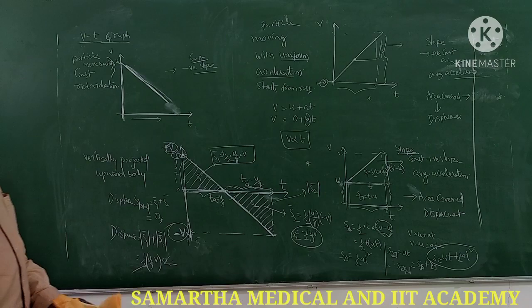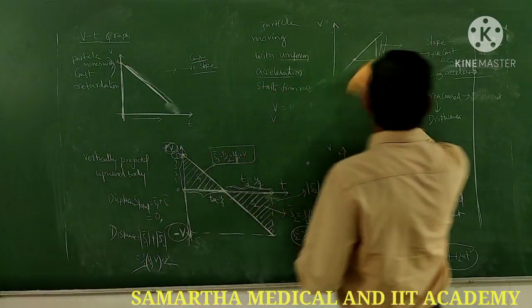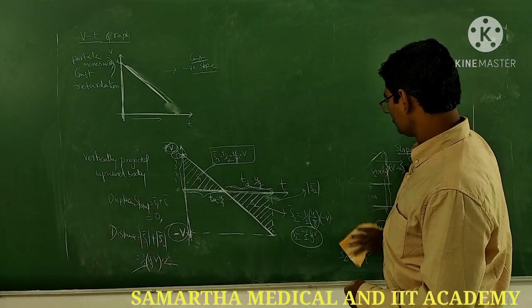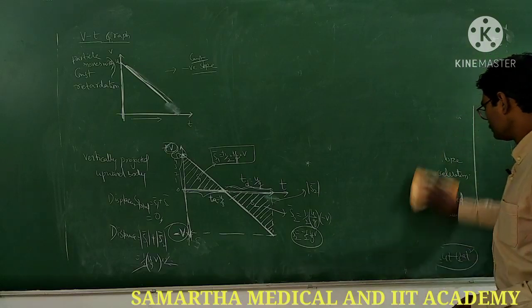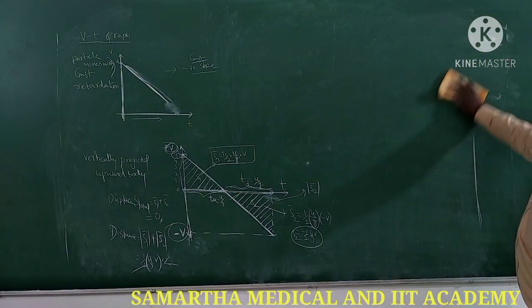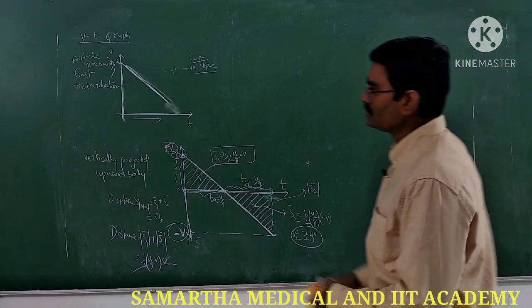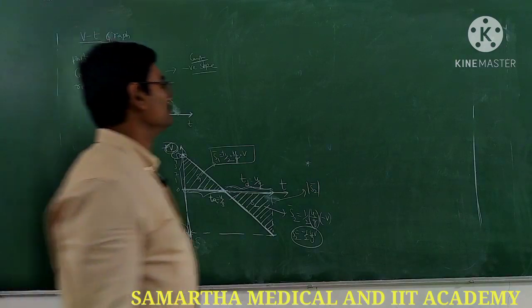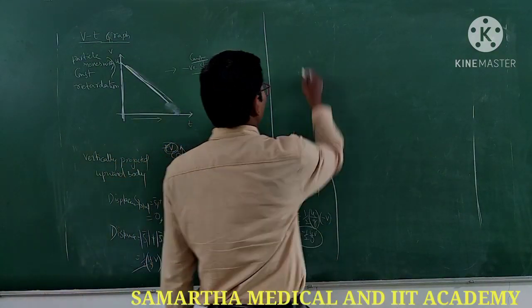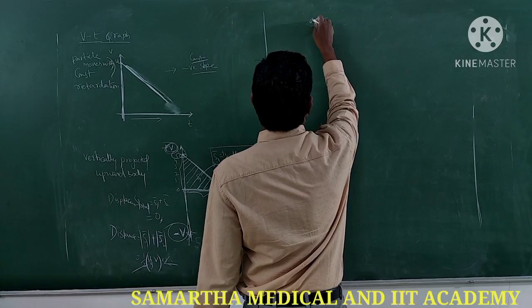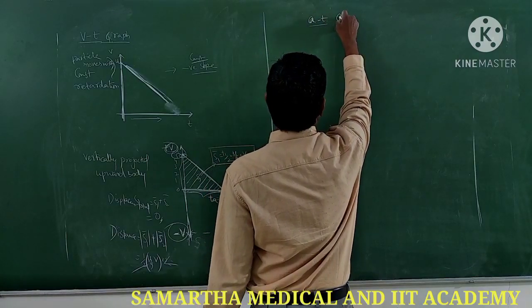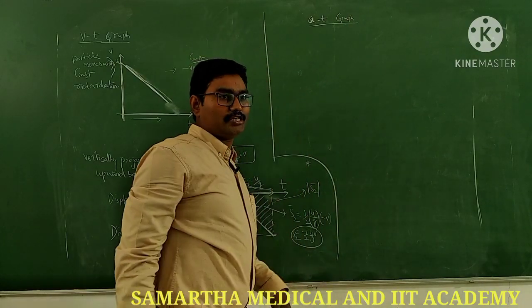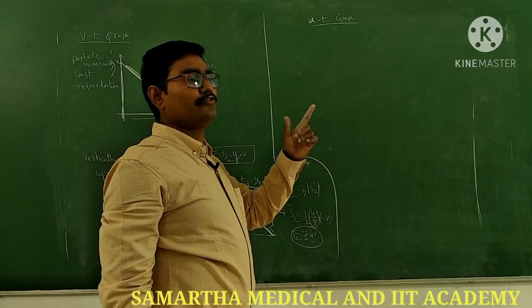Next. Acceleration time graph, the AT graph. One: constant acceleration, and two: non-uniform acceleration.